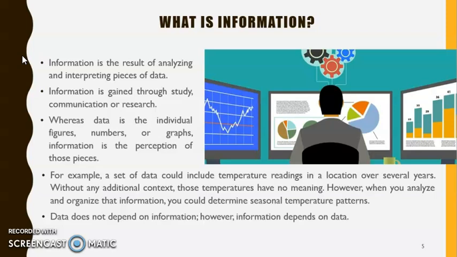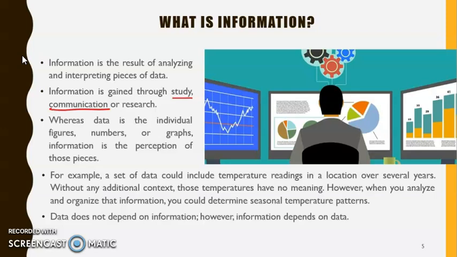Information is gained through study. So it means that you have some sort of data, you study them, and you create information. Information is gained through communication, because in communication, you start getting the data, working on that, asking questions, and during that communication, you process and reprocess the data that is created over there.